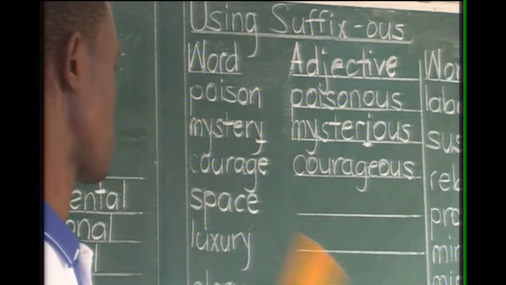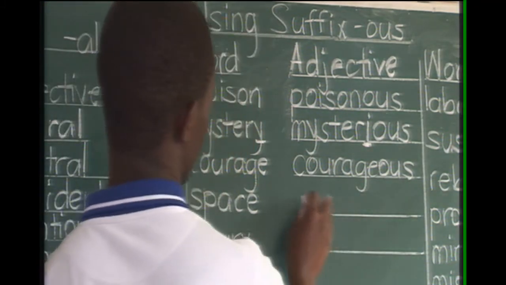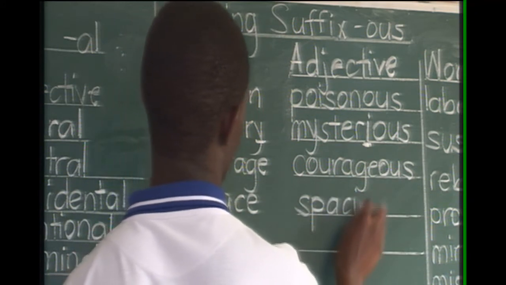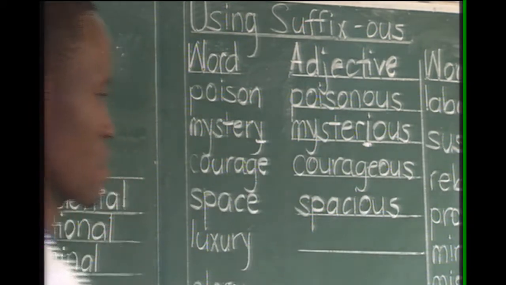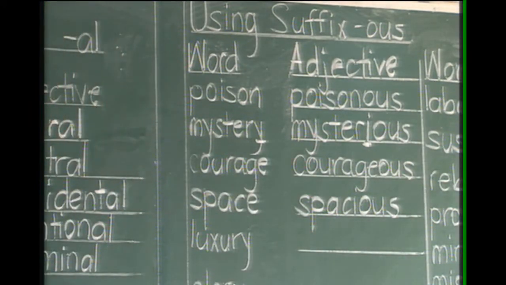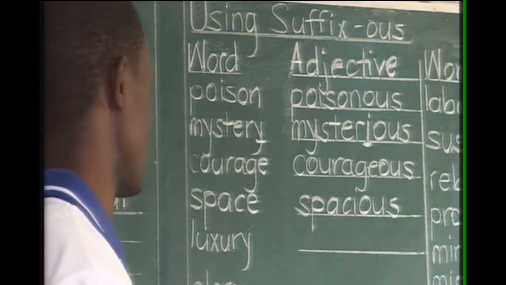Next is space. The adjective will be spacious: C-I-O-U-S. Spacious. A spacious room has a lot of space. S-P-A-C-I-O-U-S.